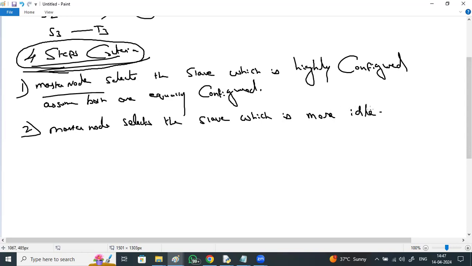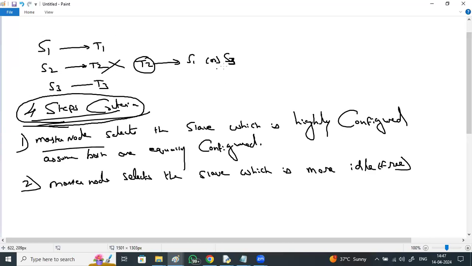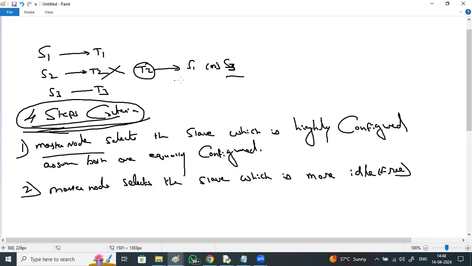More ideal means more free. For example, S1 is executing 3 tasks, S3 is executing only 1 task. So assign to S3 as it is just performing less number of tasks. So don't burden S1 by assigning one more task to it.